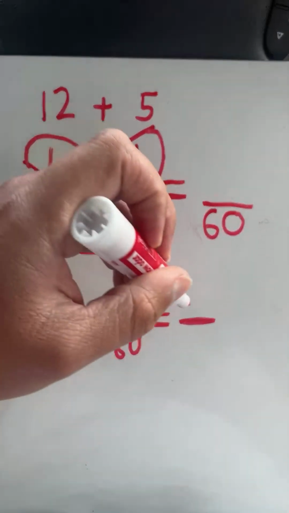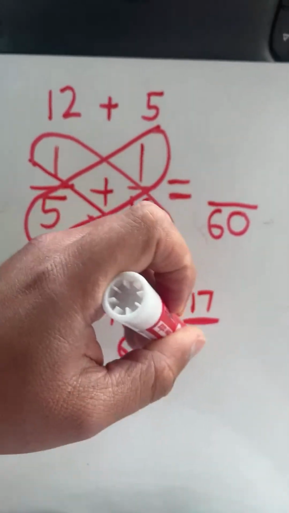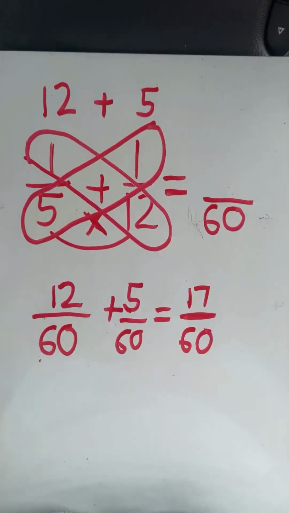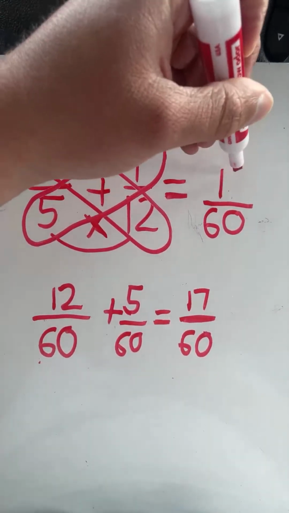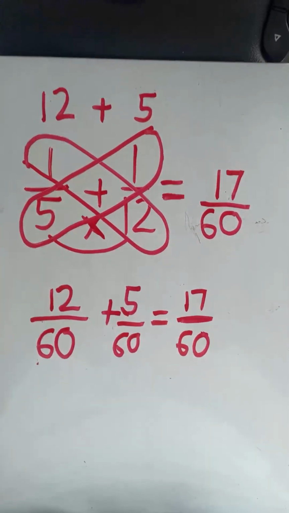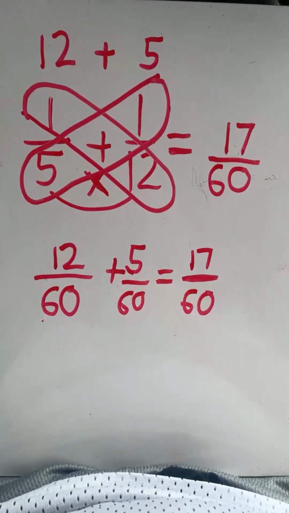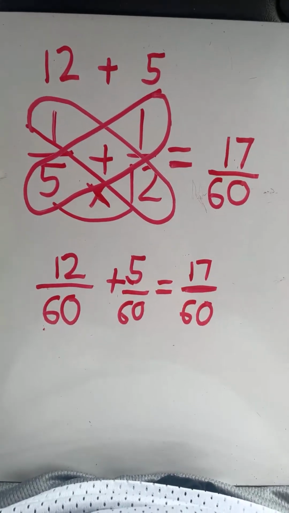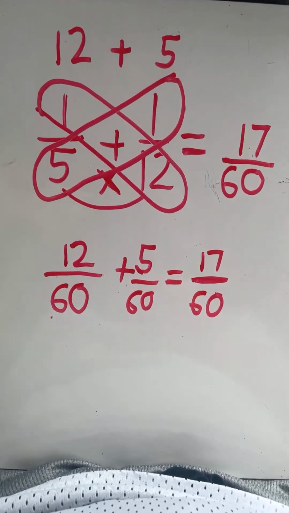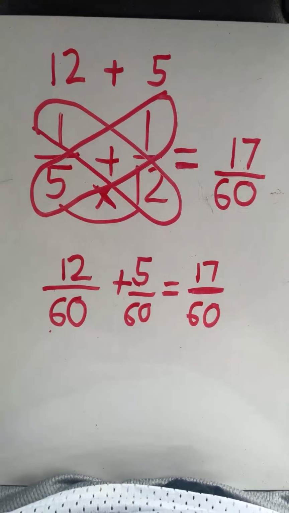Twelve plus 5 equals 17. Now that we have a common denominator, we leave the bottom number the same. And we have our final answer. 1/5 plus 1/12 equals 17/60. All right, moving on to example problem number 3.